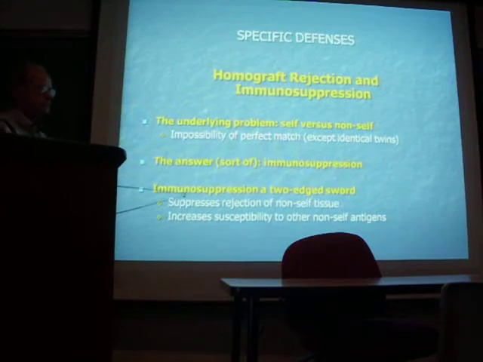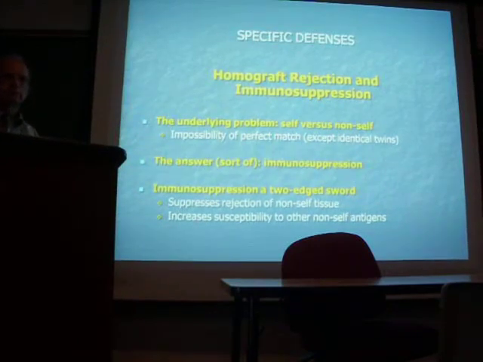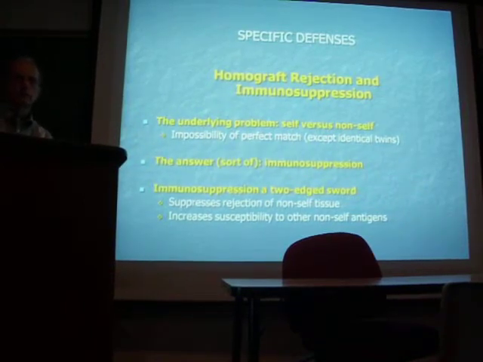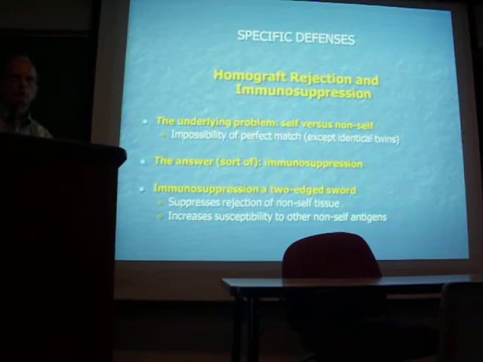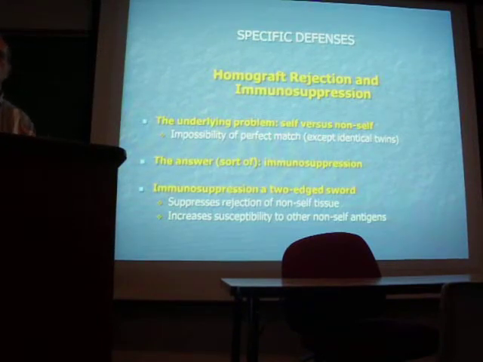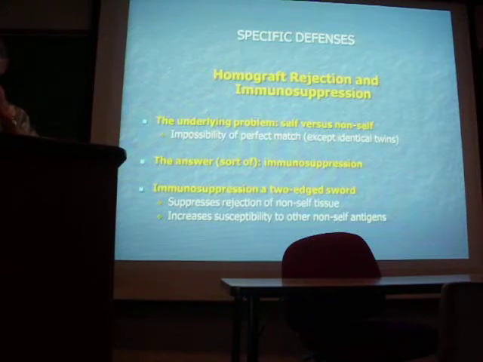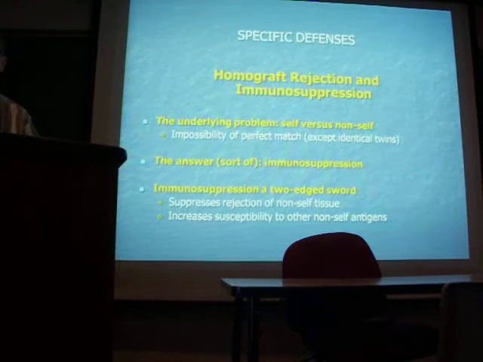Immunosuppression is a two-edged sword, is it not? You can't have a successful transplant of a homograft without immunosuppression. But if you're suppressing the rejection of a donated organ, aren't you, in a broader, general way, suppressing the entire immune system of the recipient? Yes, you are. So this means what? That the recipient is more susceptible to failure of the immune system in other ways.